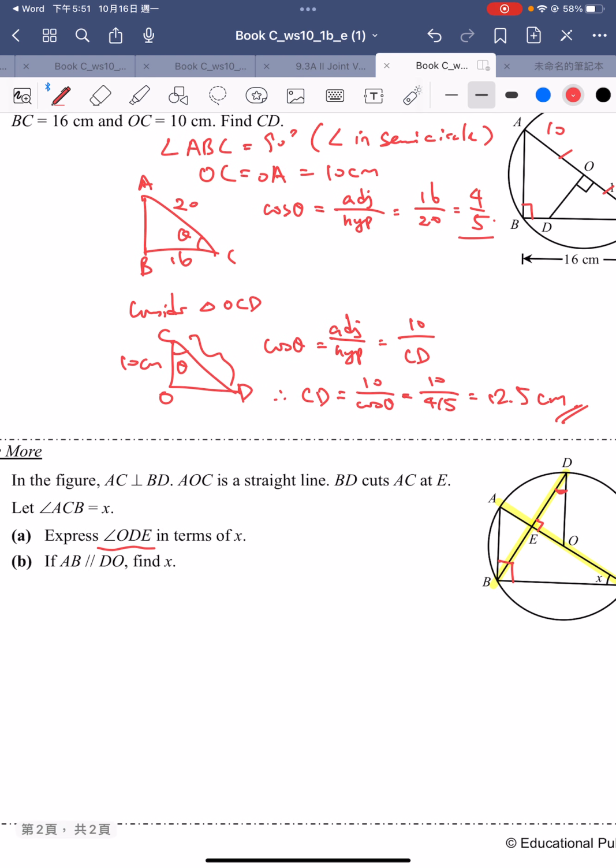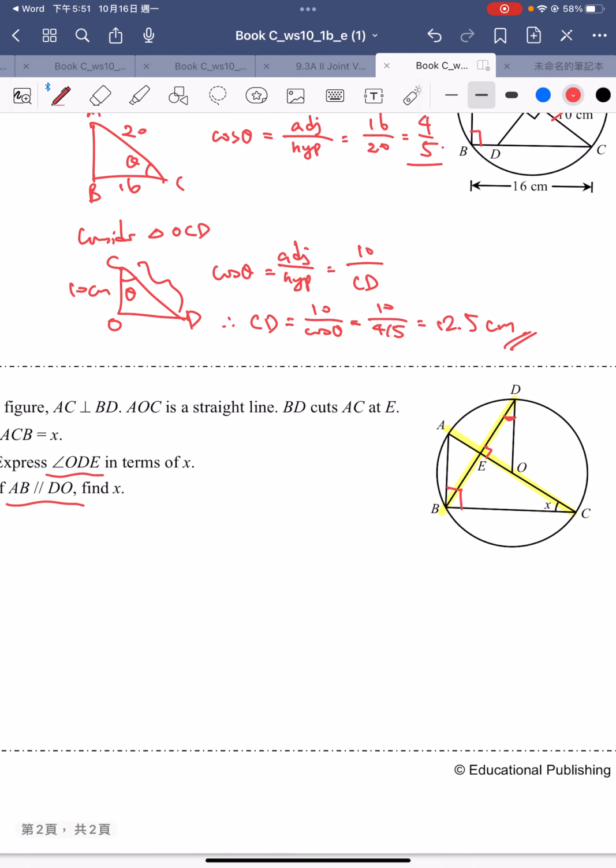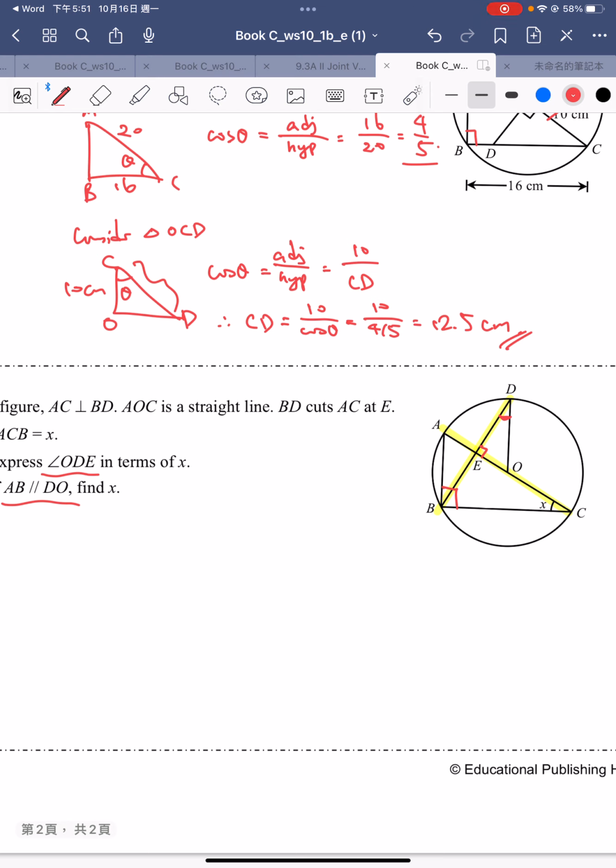After that, if AB is perpendicular to DO, now we need to find out the value of x. So how can you find it out? What we want is to find ODE in terms of x. So what's the method that we can use? First of all, we can write down the angle ABC is equal to 90 degrees, and the reason for that is angle in semicircle.